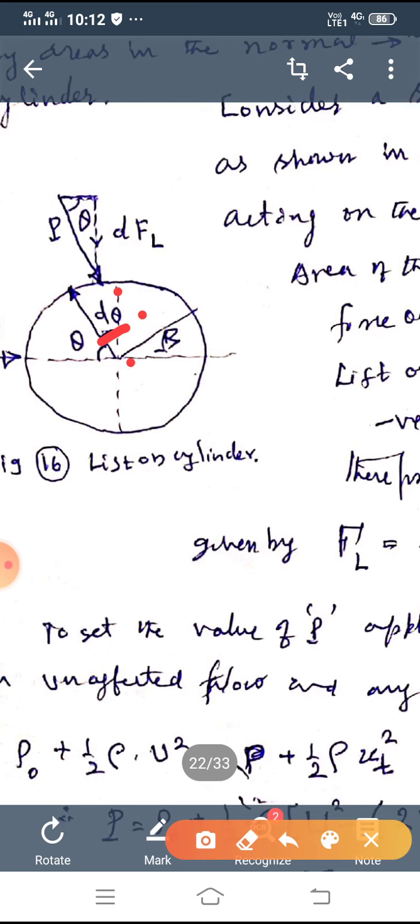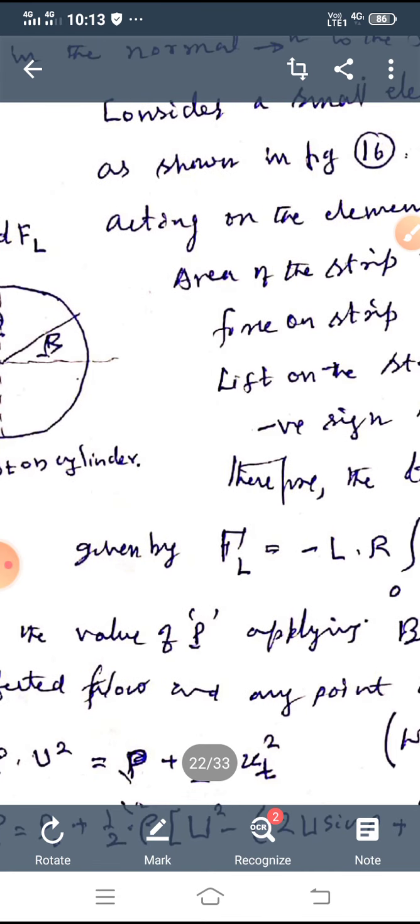This is the small elementary area. Now let P be the pressure intensity making an angle theta with respect to the vertical. dFL is the lift force acting on the elementary area.